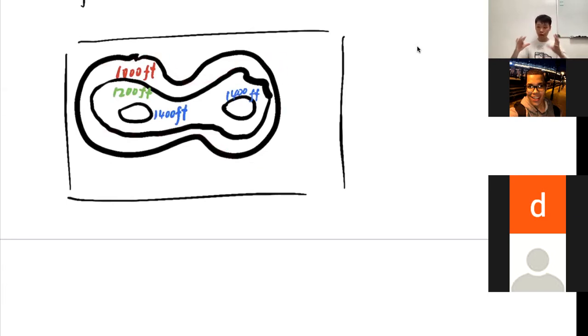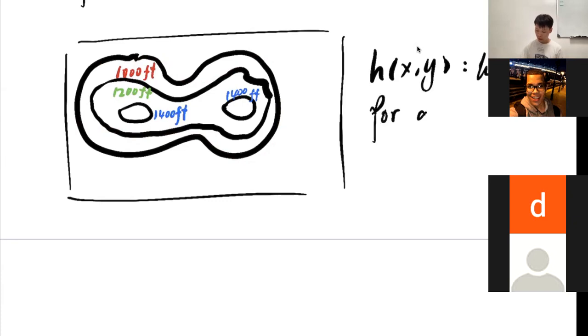If our function is the height function for a given point x, y, this is a function that takes two values and returns a real value.